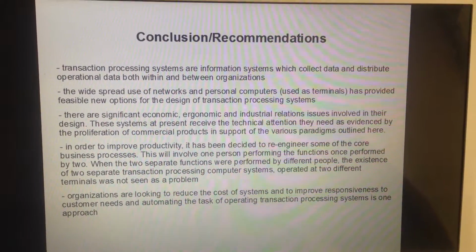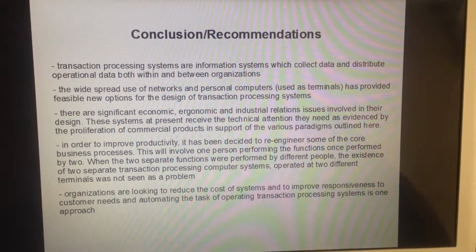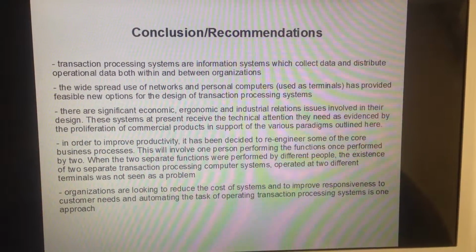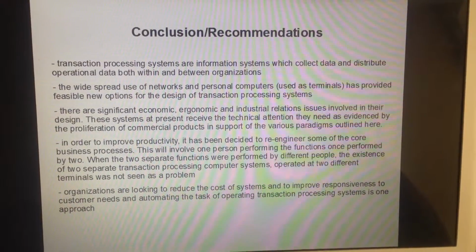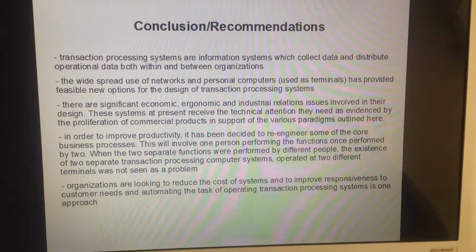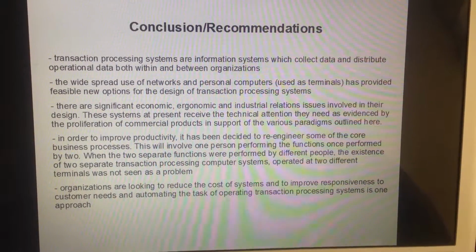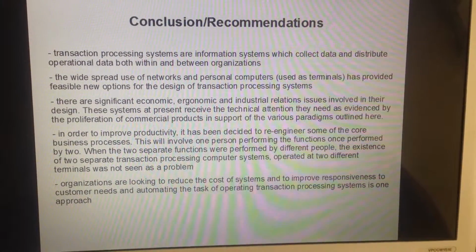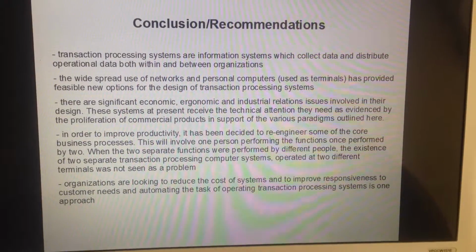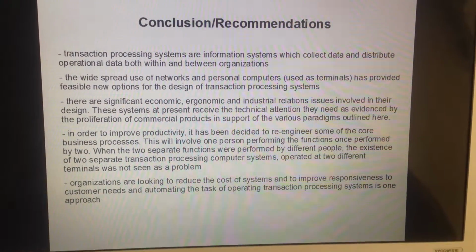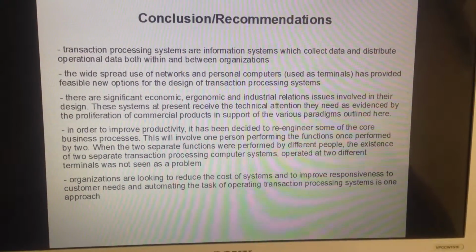Conclusions and recommendations. Transaction processing systems are information systems which collect data and distribute operational data both within and between organizations. The widespread use of networks and personal computers used as terminals has provided feasible new options for the design of transaction processing systems.